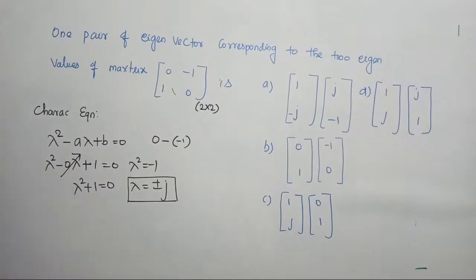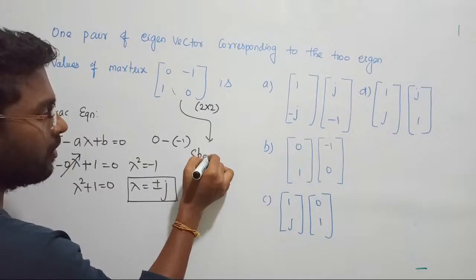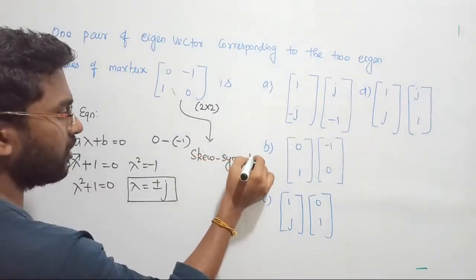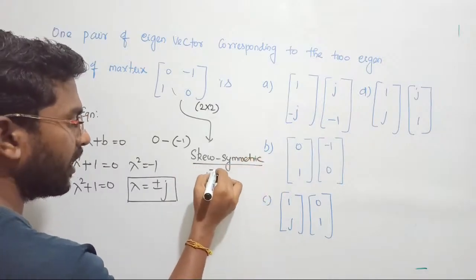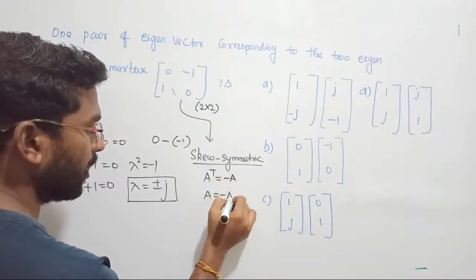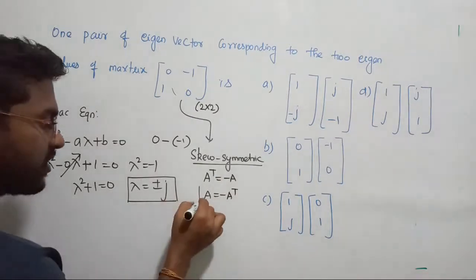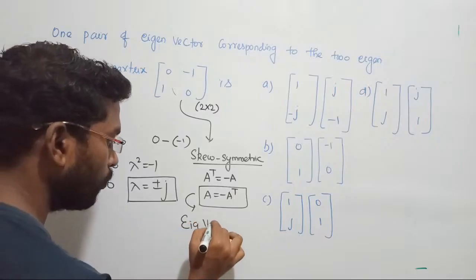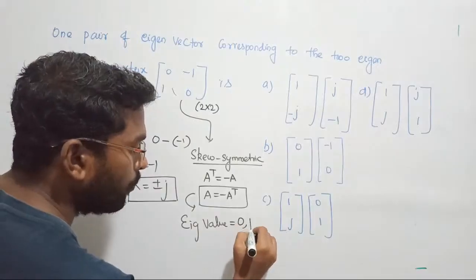Guys, did you notice one more thing? The given matrix is a skew symmetric matrix. Anyway, this information is not required here, I am just recapping. Given matrix is skew symmetric, meaning A transpose is equal to minus A, or I can say A is equal to minus A transpose. You can cross check, it will be satisfied, right? For a skew symmetric matrix, I told you its eigenvalue will always be 0 or purely imaginary.